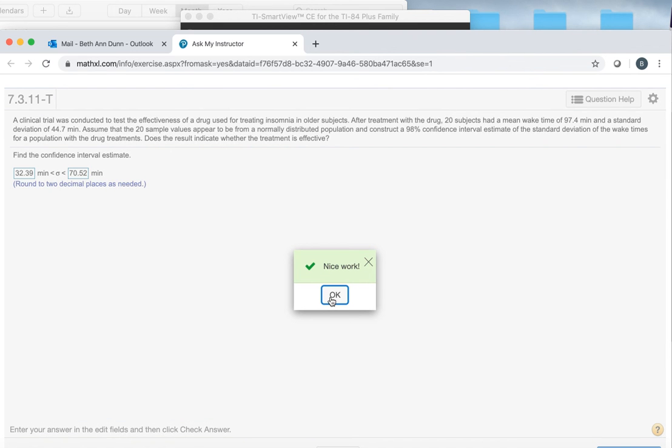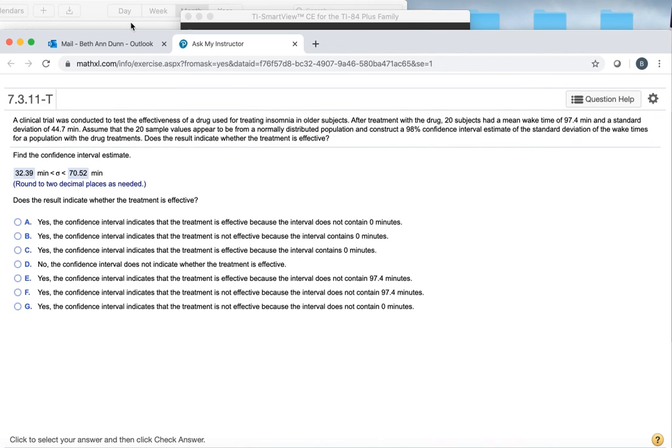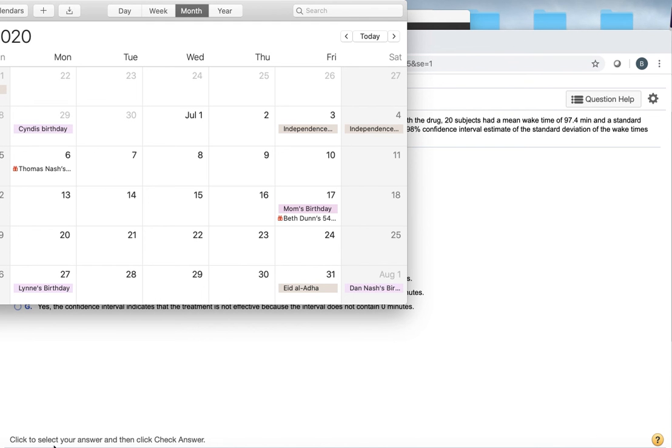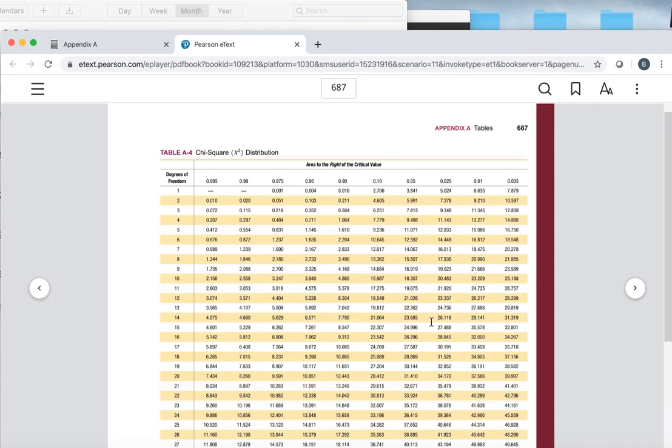I hope that helps. So the key there, remember, is to find the chi-squared values in the table. Remember, the degrees of freedom is going to be 1 less than the sample size. So the sample size in that problem was 20, so that's why we used 19.